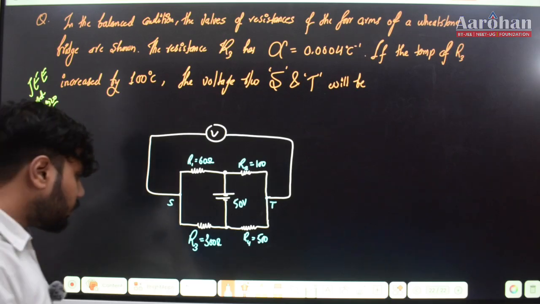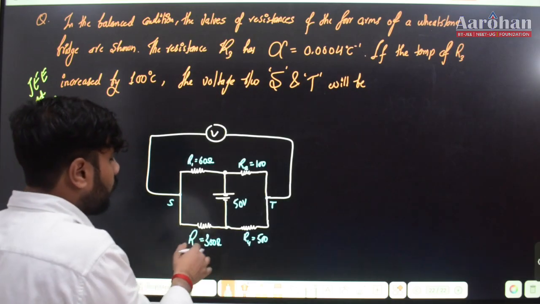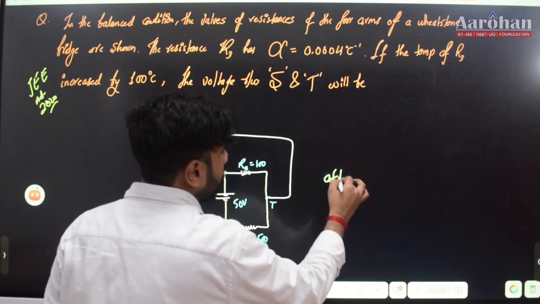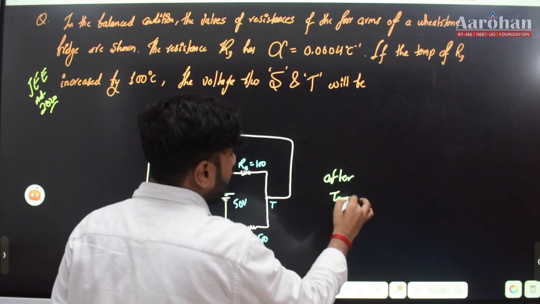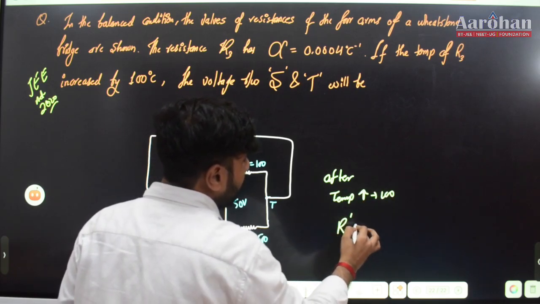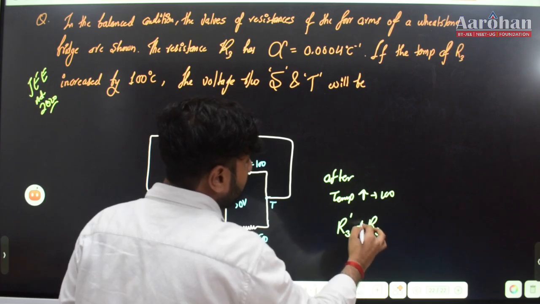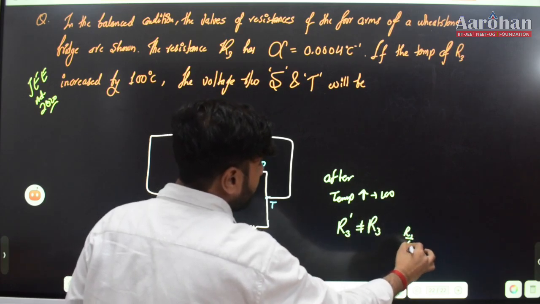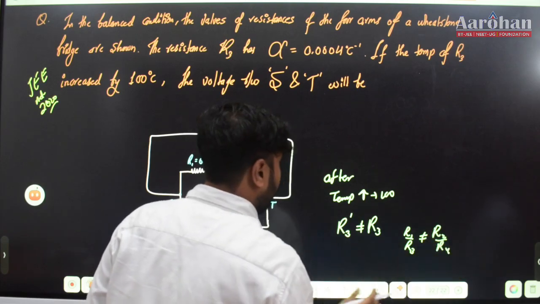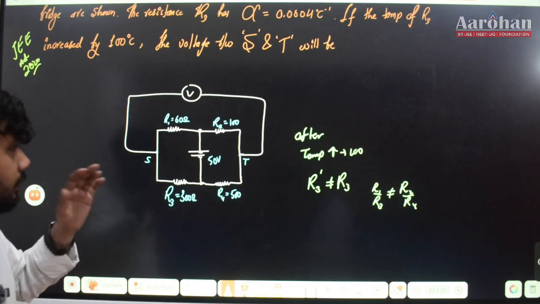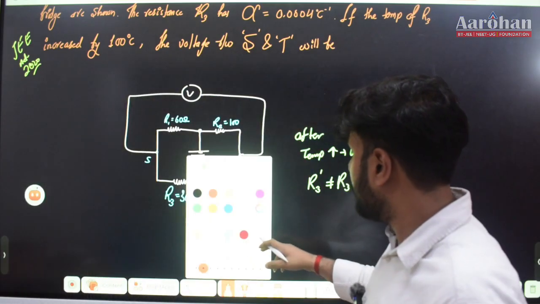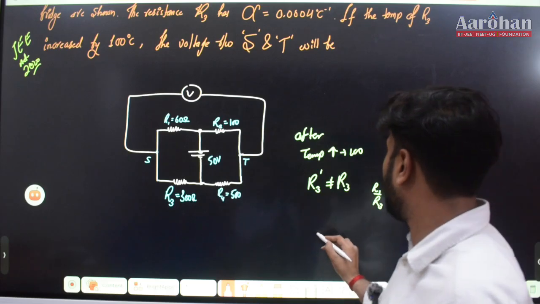After the temperature increases, our new R3 will not be equal to the original one. That means R1 by R3 will not be equal to R2 by R4, so there will be current through the middle branch. That is the main thing.